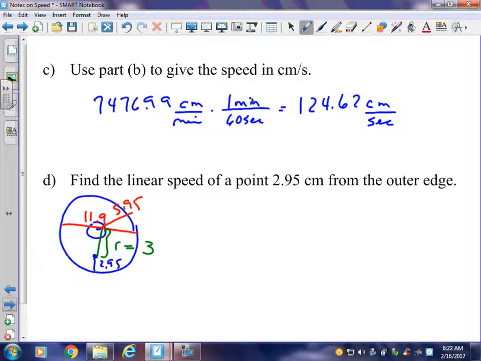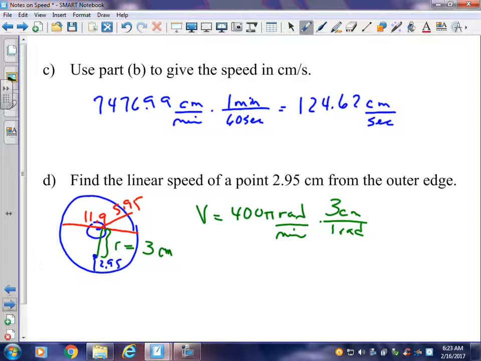So now we're going to say velocity is equal to 400 pi radians every minute, because it's still at that slow speed because it hasn't gone in that far, times your 3 centimeters every 1 radian.